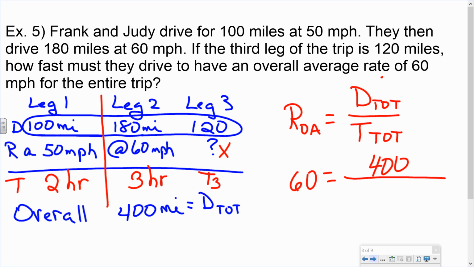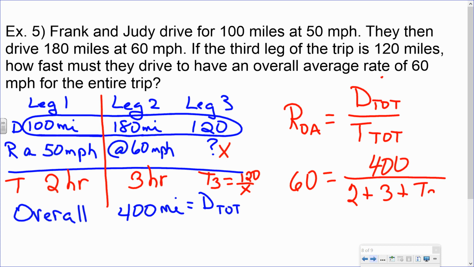If this is x, I do know that the third time is going to have to be 120 divided by whatever that x is that I'm finding. Right? So what I do know is that my total time is 2 plus 3, and I don't really want to do a complex fraction in here.